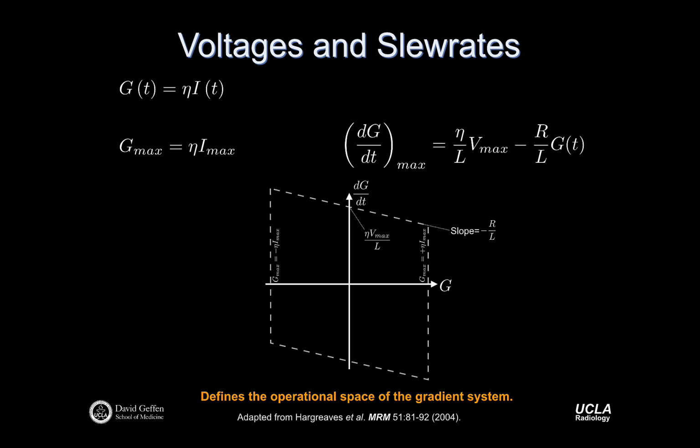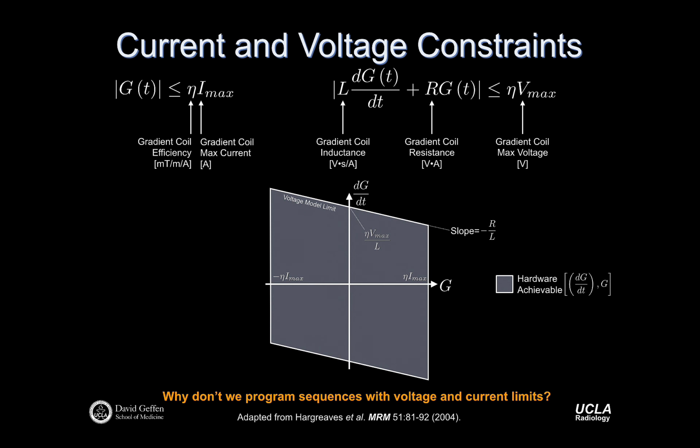So if you know the scanner's efficiency, inductance, and resistance, you can only operate somewhere within this box in terms of what the system can actually generate. So it defines the operational space. Okay, so in principle, this is what I'll call hardware achievable. The system that we have available to us, we can operate somewhere in that realm.